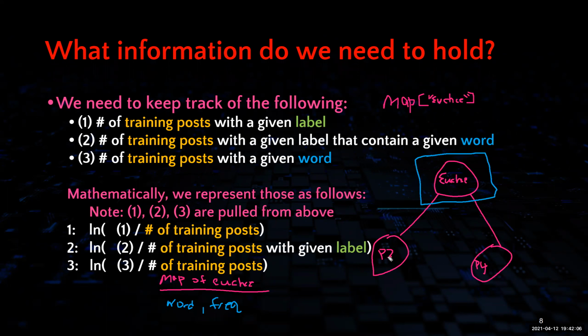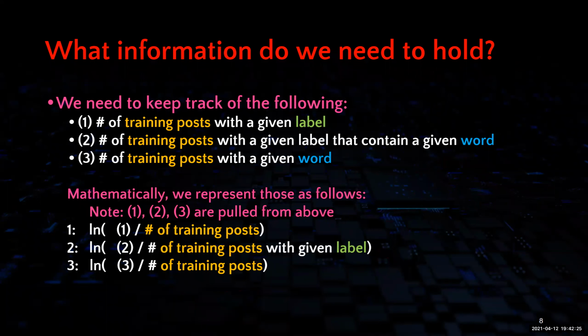So when we say the number of training posts with these 3 conditions, does the training post mean the content? So yeah, training post. Every training post is going to be a row in a CSV file.